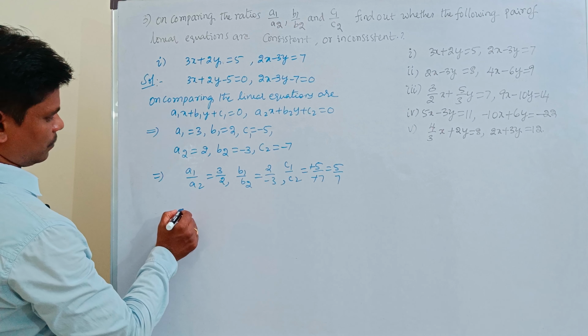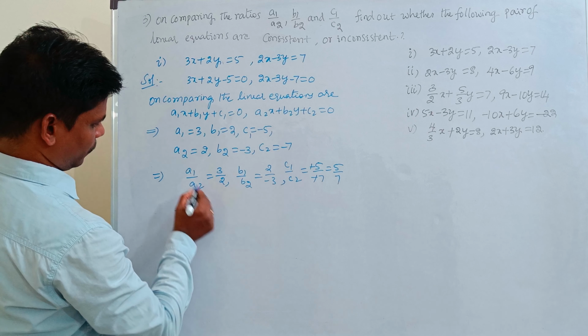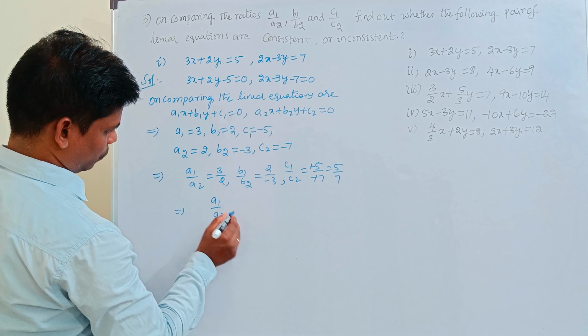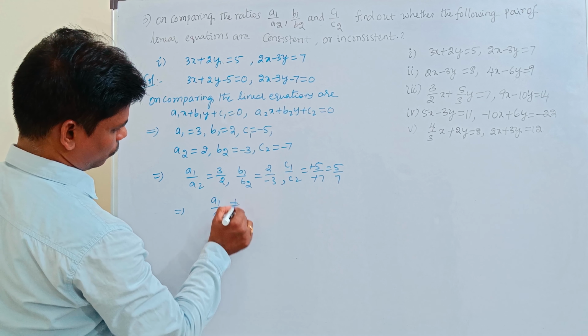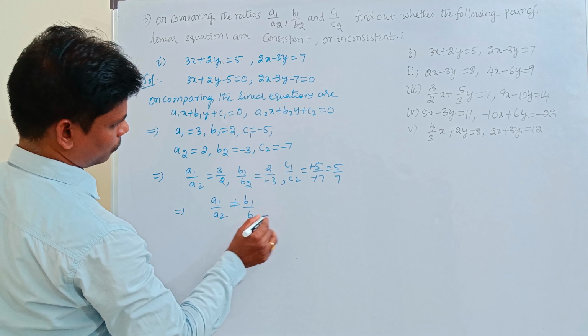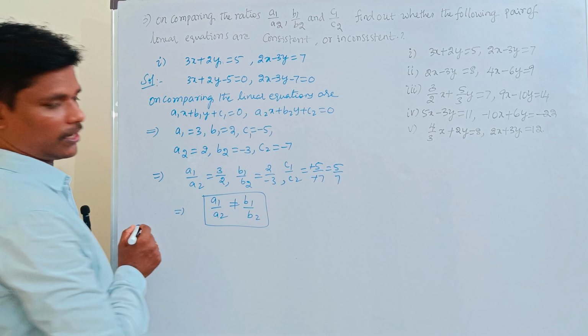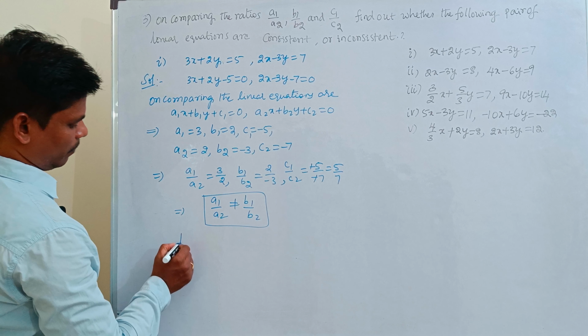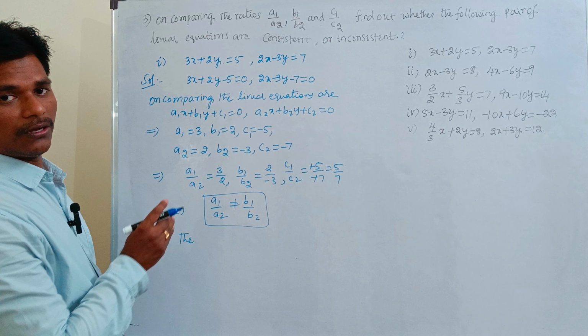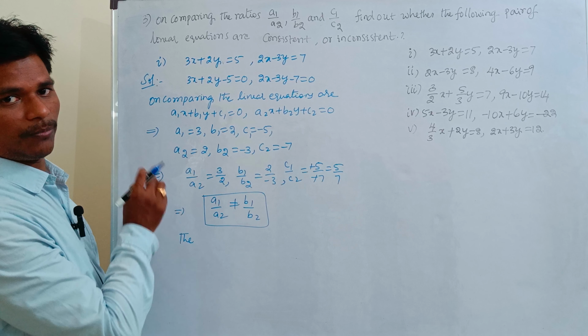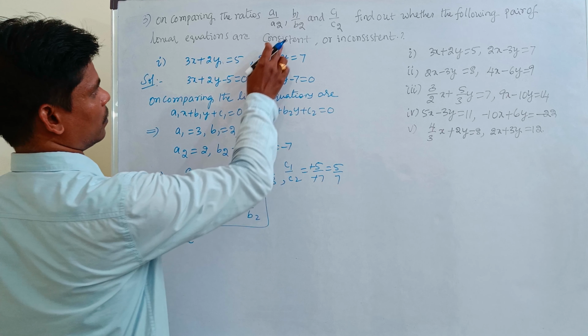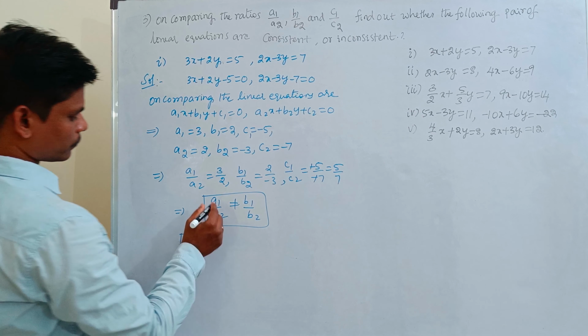So here what is the condition? A1 by A2 is not equal to B1 by B2. This one also not equal. So A1 by A2 and B1 by B2 not being equal means the pair of linear equations intersect at one point. So that system is consistent.